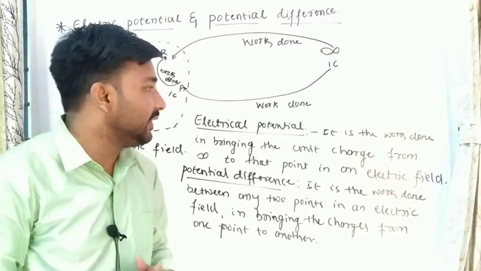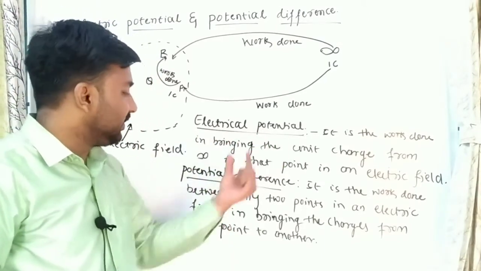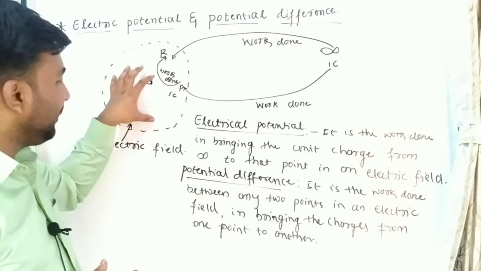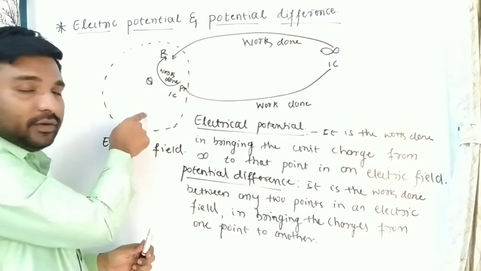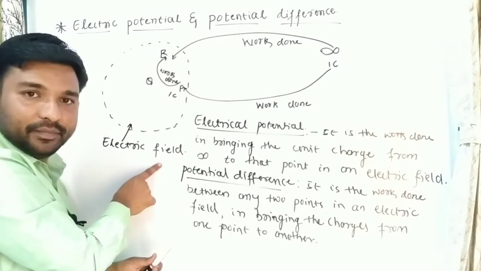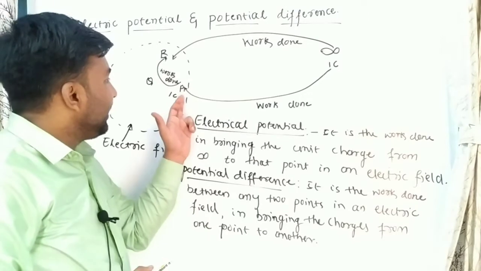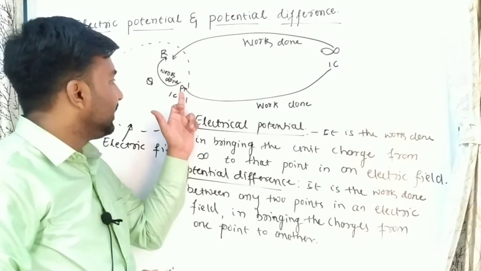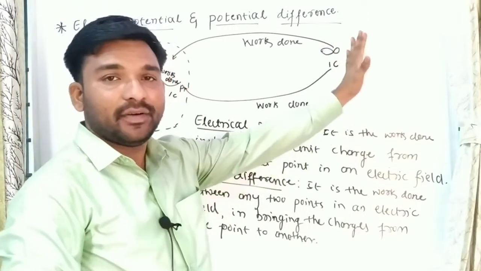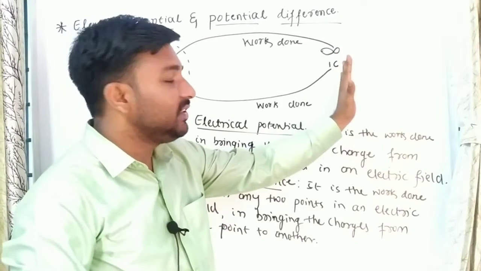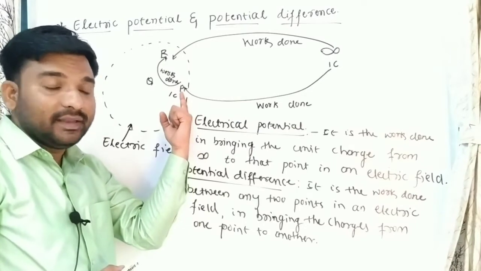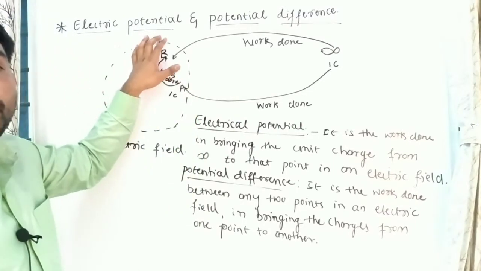Let me quickly remind you of the difference between electric potential and potential difference. First, the electric field is the region around the charge or the charged body. If I consider any point P in the electric field and move the one unit charge from infinity to that point, that is electric potential.